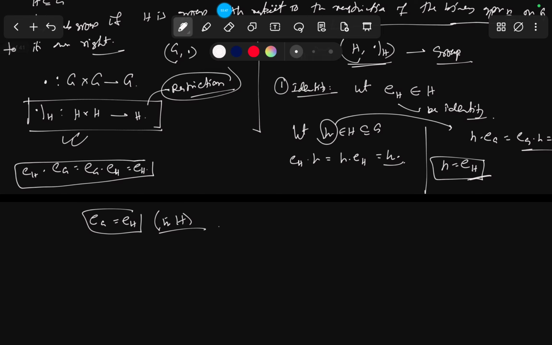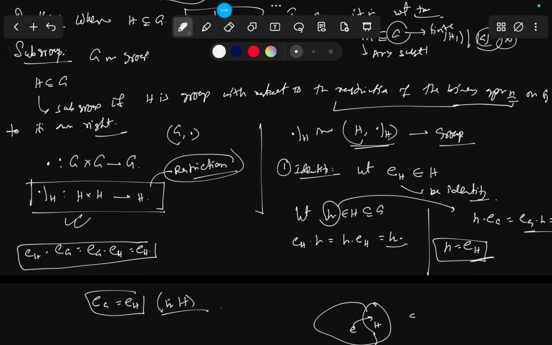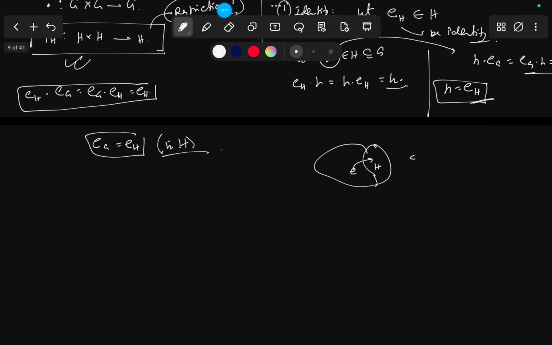So the identity element of G has to be the identity element of H. It means if we consider G a group like that and H a subgroup like this, the identity element should be there in H. Okay. So then H is said to be a subgroup. So basically this is the main condition, that H should be a group with respect to the restricted binary operation.